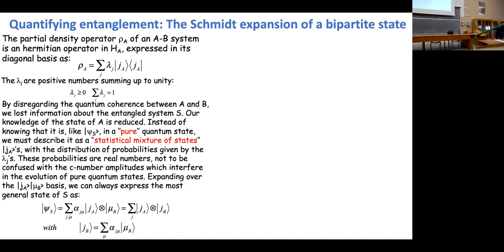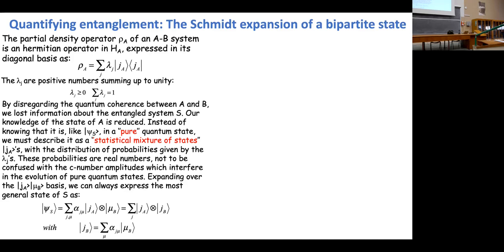Now I have this expression, which is just what I said. But in this double sum, which involves j and mu, you can take one value of j and sum over mu. The sum over mu for a given j gives you a state of B, because it's a superposition of states of B, which are labeled with a given j.